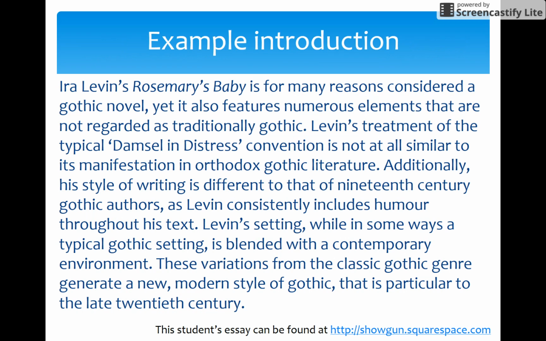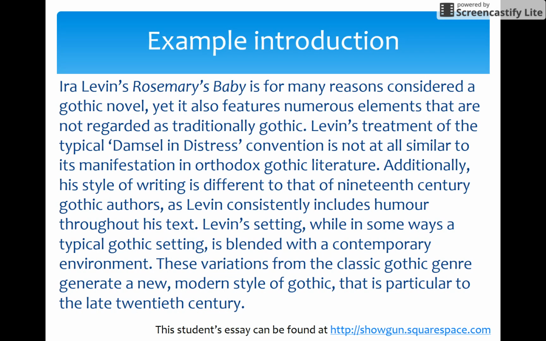So here is an example introduction, taken from a student essay at Shogun. Ira Levin's Rosemary's Baby is for many reasons considered a Gothic novel, yet it also features numerous elements that are not regarded as traditionally Gothic. Levin's treatment of the typical damsel in distress convention is not at all similar to its manifestation in orthodox Gothic literature.